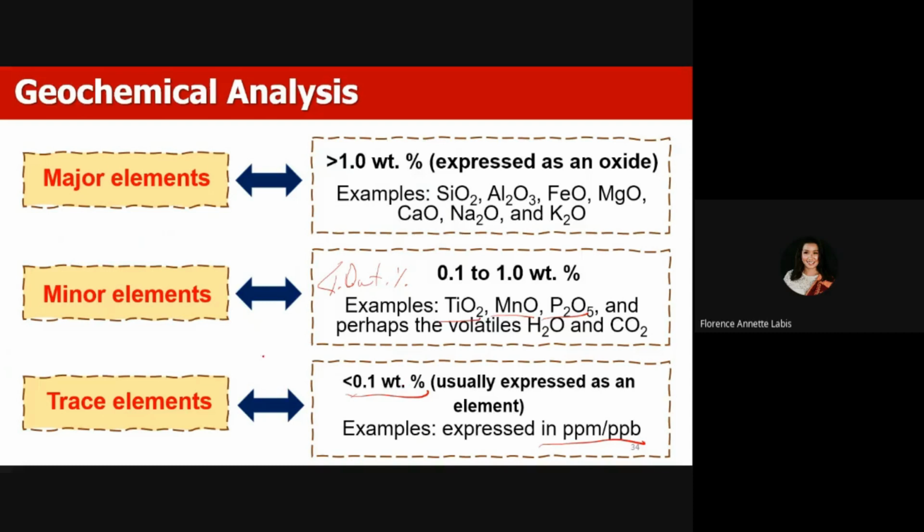When I say ppm, always remember that 1 weight percent is equivalent to how many ppm? You can pause the video and then check your knowledge. It's 10,000 ppm. Okay, I hope you got it right.